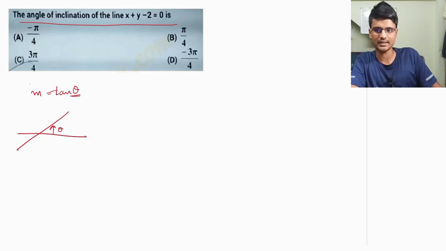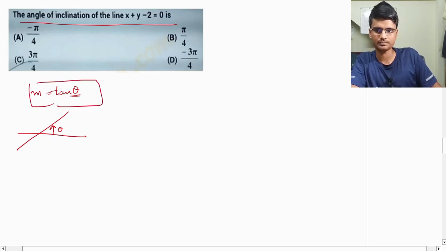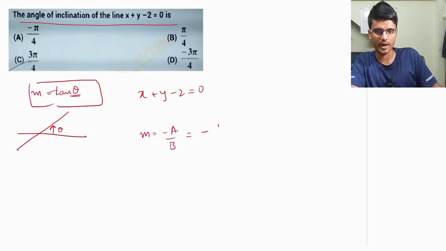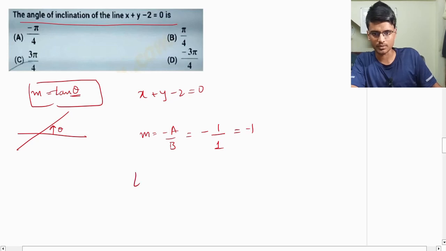And tan theta is nothing but the slope. I just now told you how to find the slope of a line. Given the equation of the line, slope is nothing but minus a by b. What is a here? 1, right? B is also 1. So the slope is minus 1. So tan theta is equal to minus 1.